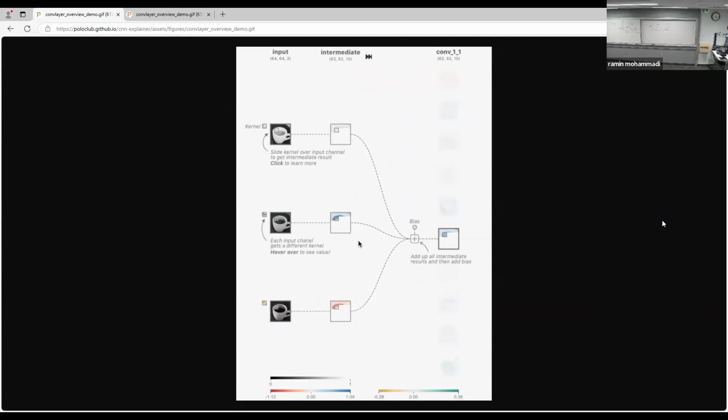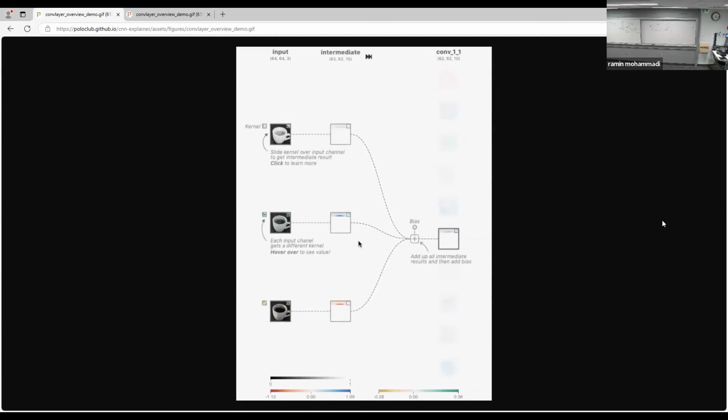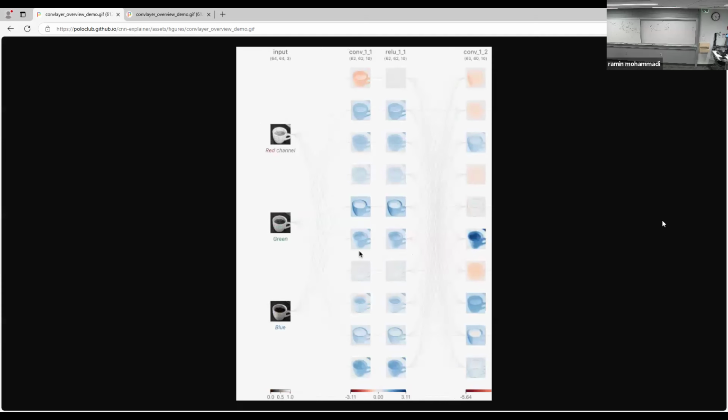As you see, there are 10 here, and then you combine those 10 into one. I don't know if the image shows that. Did it go to the next one or no?